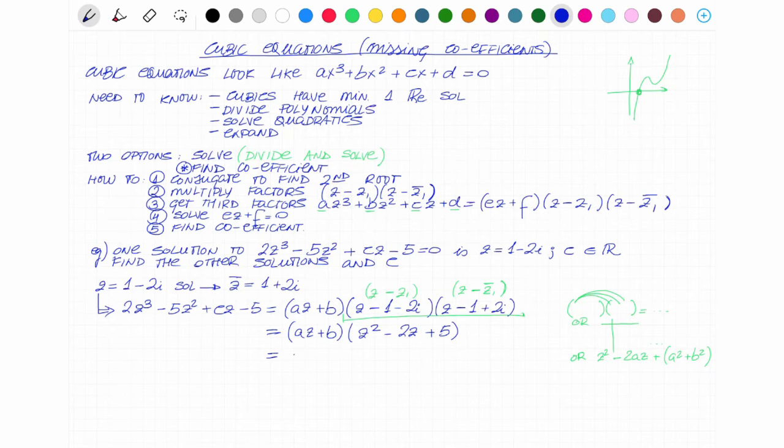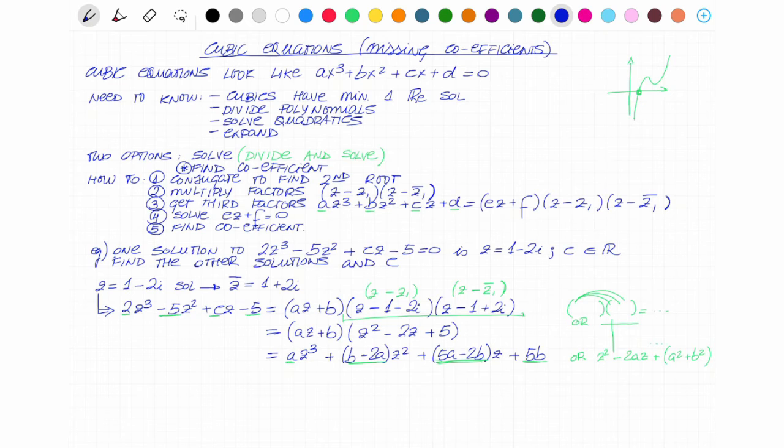If you do that, you end with az cubed plus (b minus 2a) z squared plus (5a minus 2b) z plus 5b. Now, all these coefficients that you're finding here need to be the same as these coefficients in the original one.